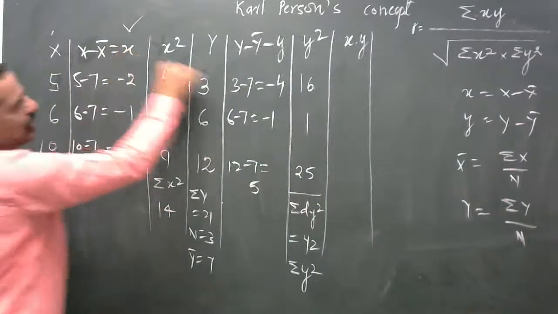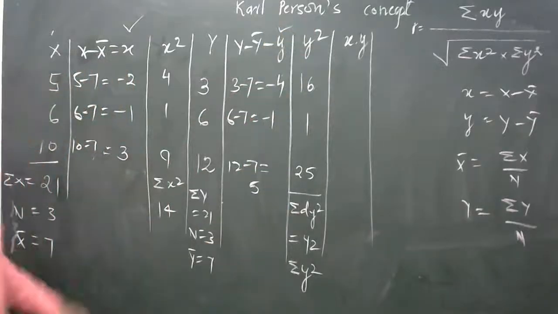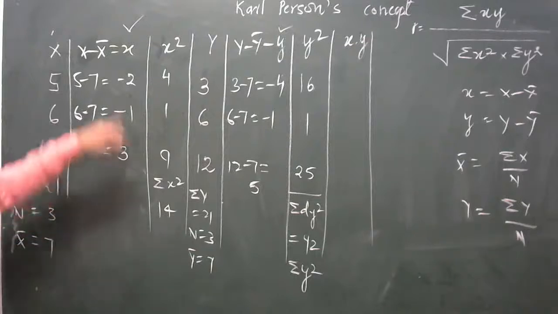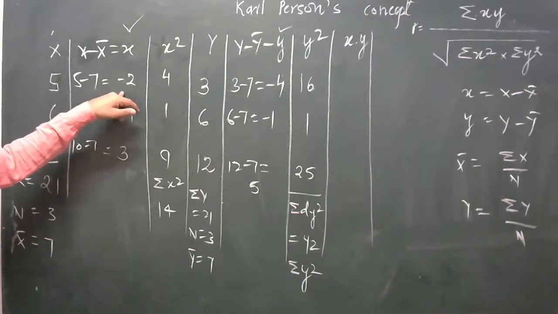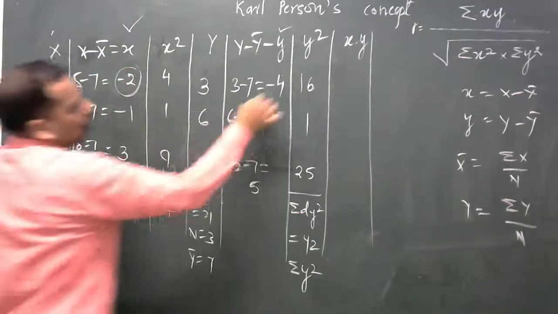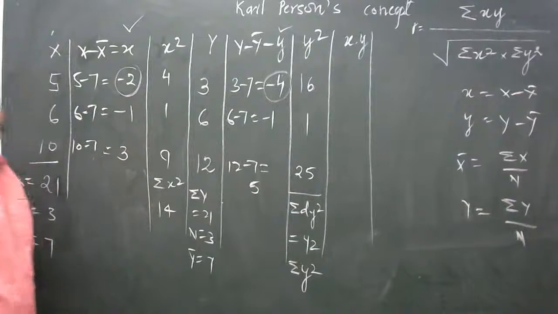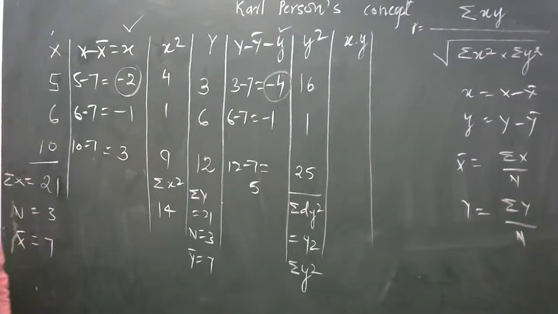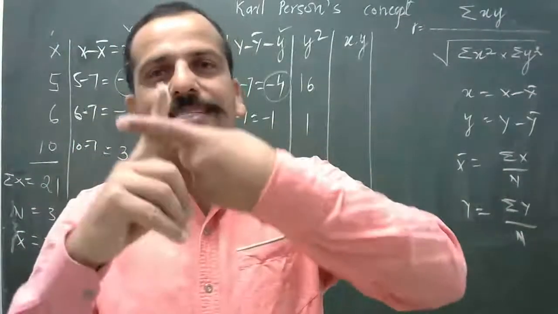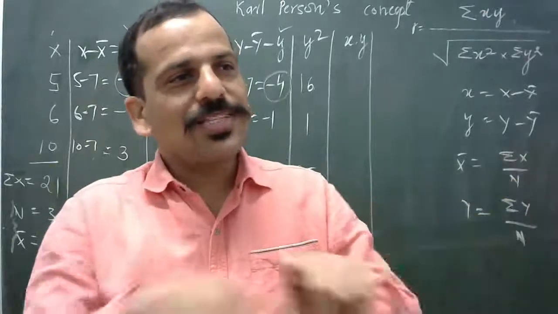So this is your x and y. Okay, first one 30. Okay, or else minus 8. Okay, or else plus, minus 2 into minus 4, plus 8. Minus into minus equal to plus.